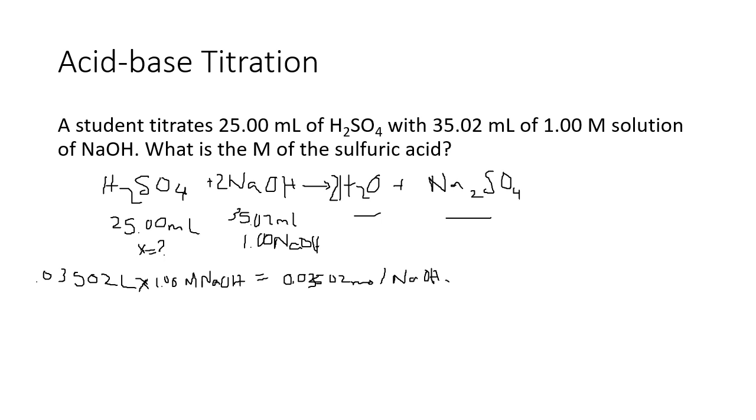Okay, then I'm going to use my stoichiometry. For every 1 mole of sulfuric, I have 2 moles of NaOH.